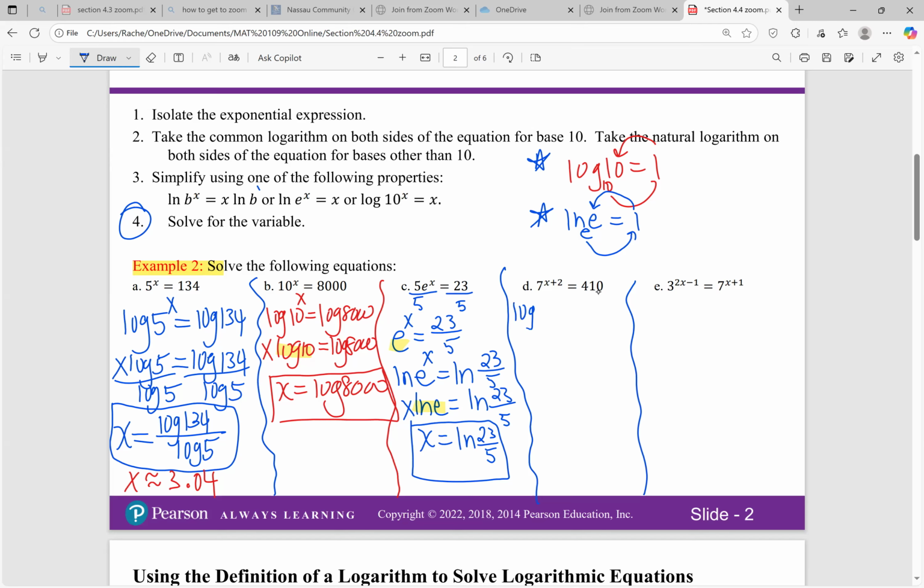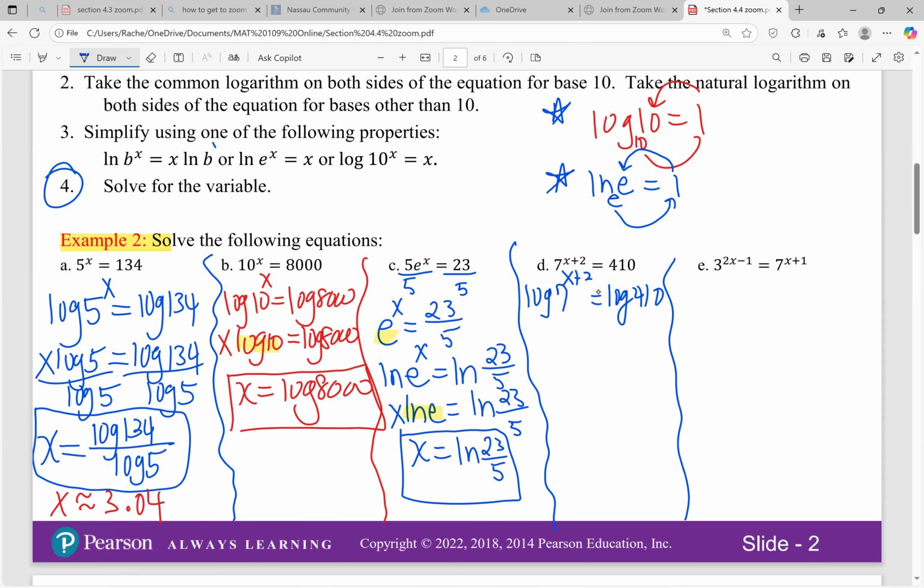So I'm going to take the log of both sides. So we're going to have the log of 7 to the x plus 2 equals the log of 410. And now I'm going to use my power rule. So I'm going to bring the x plus 2 to the front by multiplication. So x plus 2 times the log of 7 is going to equal the log of 410.